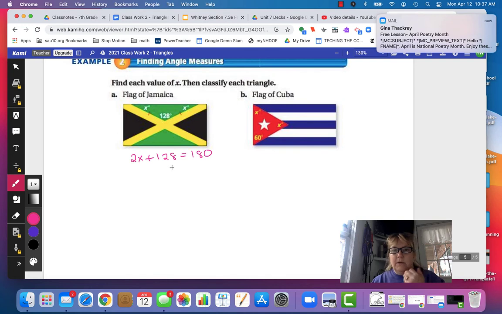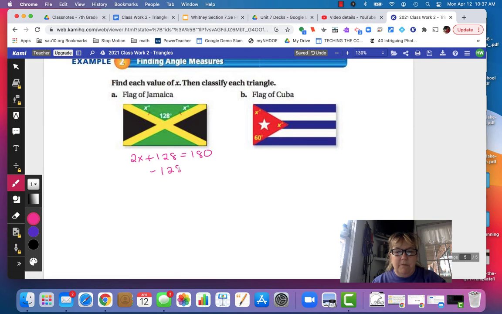Like any good two-step equation, the first thing I'm going to do is subtract 128 from both sides, and I end up with 2x is equal to 52. Divide both sides by 2, get rid of that coefficient, and we end up with x is equal to 26 degrees.